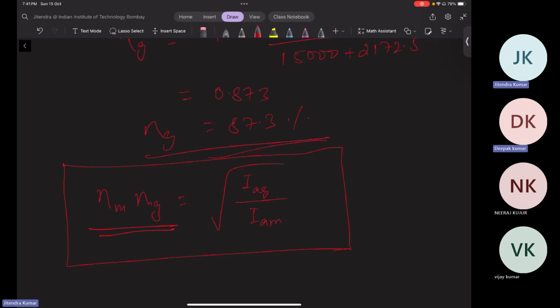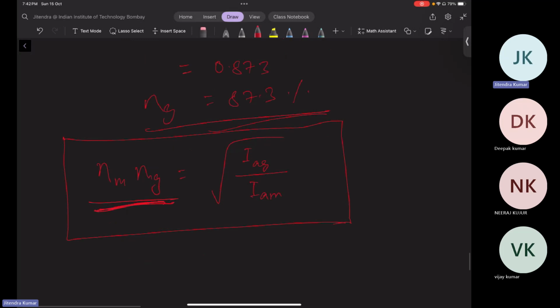Sir, what does this expression show? Sorry, what is the source of this expression? No, what is this expression showing? Like, the product of two machines. If you know efficiency of one machine and the currents, you could identify, right? Okay, it should be same.